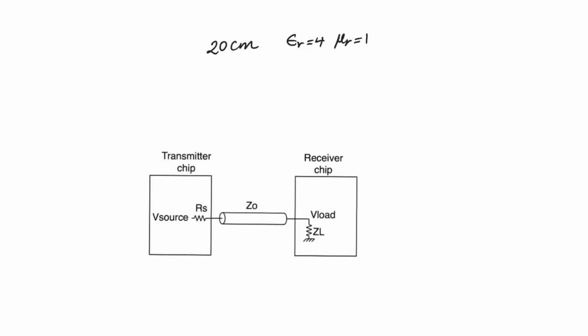Now, the velocity of the electromagnetic wave traveling through this transmission line is 1 over square root LC, where L is the inductance per unit length, and C is the capacitance per unit length, which is also equal to 1 over square root mu epsilon, the permeability and permittivity of the materials, which can also be obtained in terms of absolute or vacuum level permeability and permittivity, as well as relative permeability and permittivity.